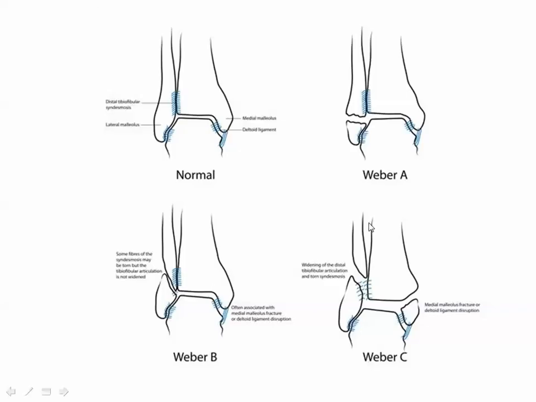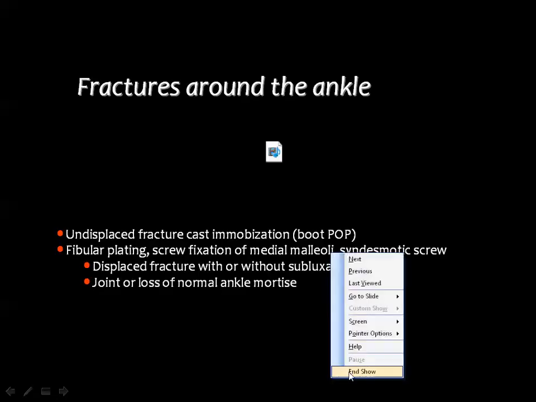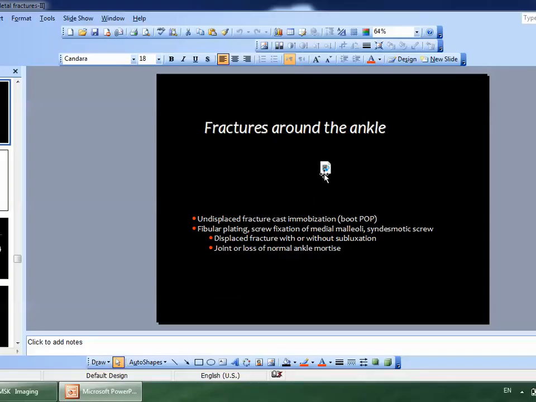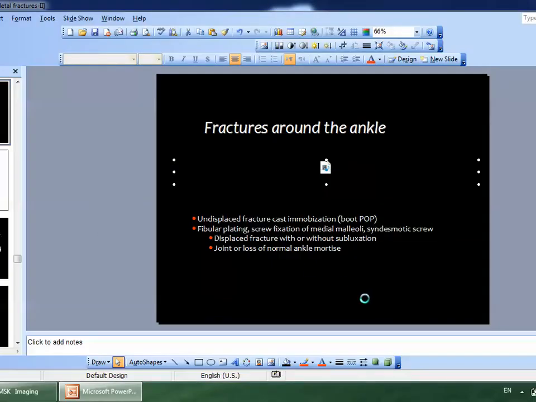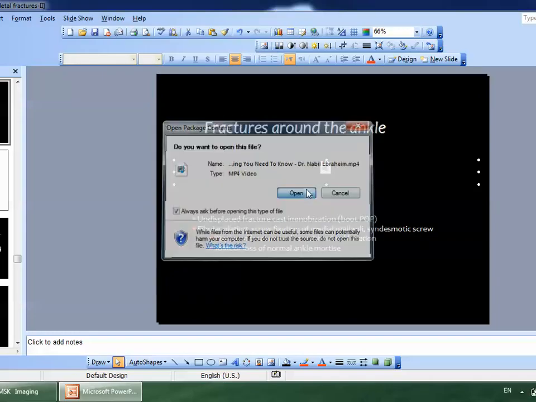And if the fracture is below the level of the tibiofibular syndesmosis, this is Weber type A, if it occurs at the level of the syndesmosis, this is type B, if above the syndesmosis, this is type C.